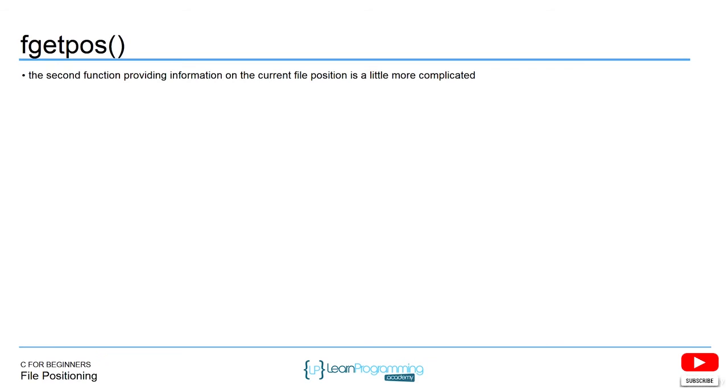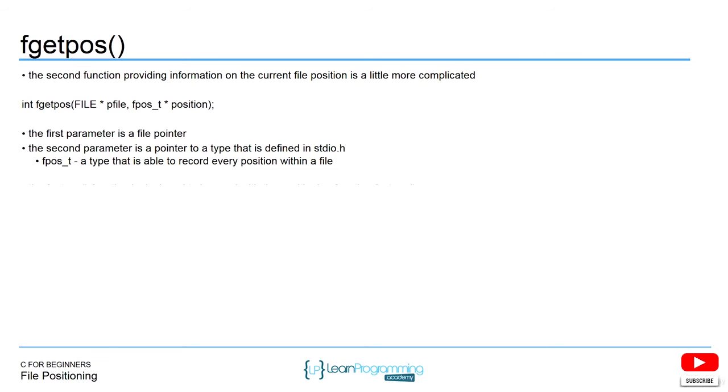You can also use the fgetpos function, and this is a second function providing information on the current file position. It's a little more complicated than ftell. This returns an integer. It takes a file pointer, and it also takes a pointer to an fpos_t type. The first parameter is that file pointer, so you know what file you're working with.